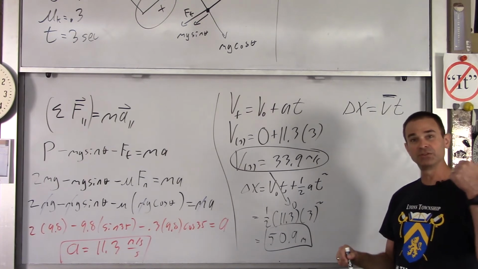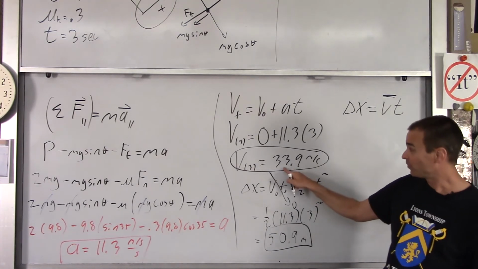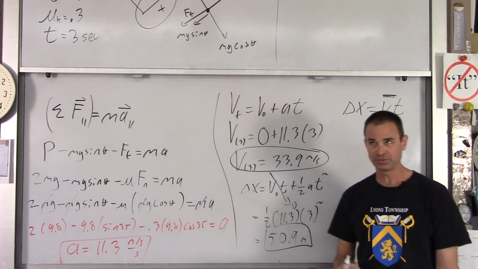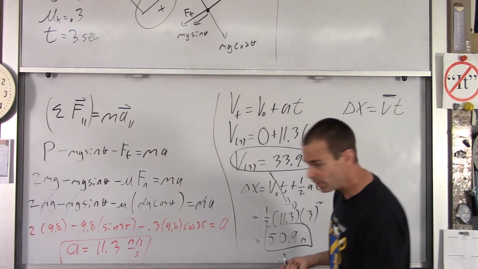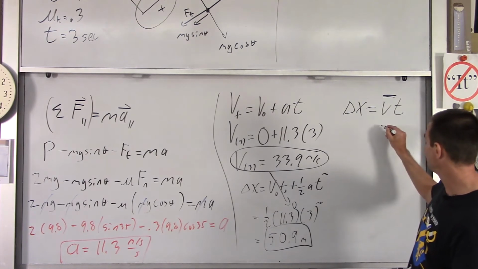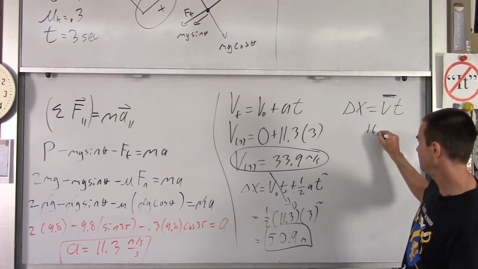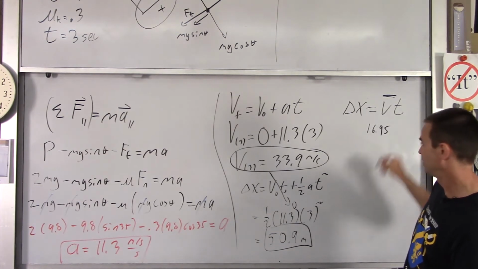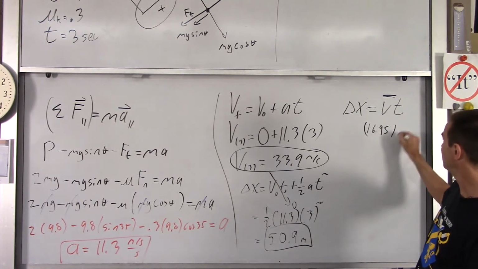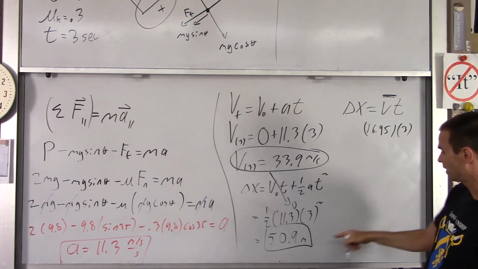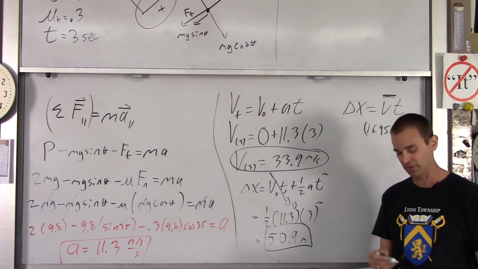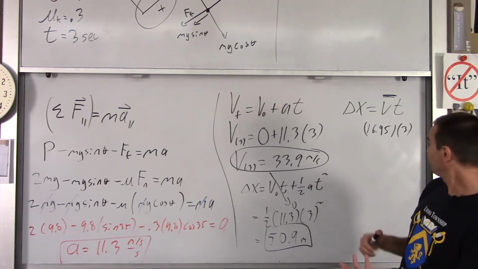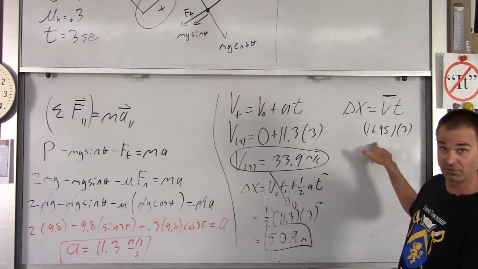If your starting velocity is 0 and your final velocity is 33.9, what's the average? Well, it's 0 plus 33.9 over 2, which would be 16.95. So that would be your average velocity, and if you took that times 3 seconds, you're going to get about 50.9, within rounding. So you could do it that way too. Just be real careful what you plug in.